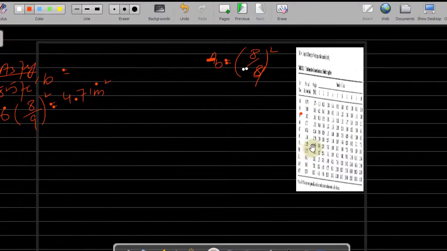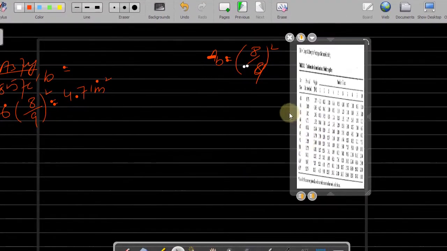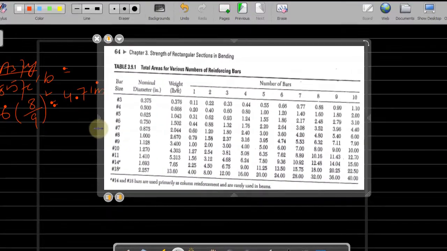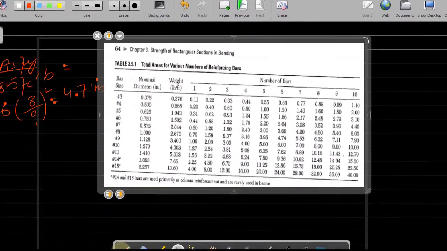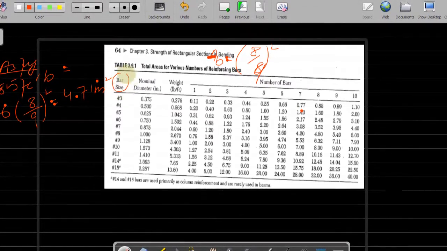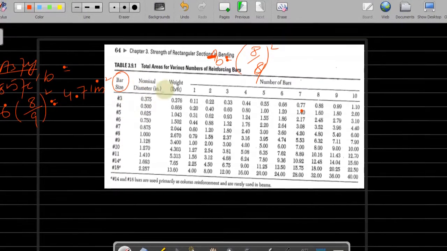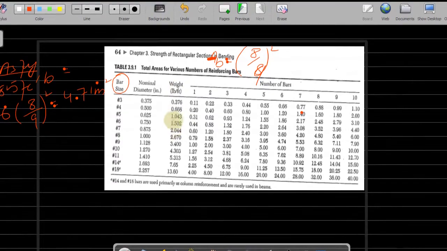This table is also very important. I have to show you how you can pick such data. You see we have bar sizes right here. These are US bars, numbers 3 to number 18. You see the nominal diameter of each bar. You see the weight per foot, pounds per foot, here. And here we have the number of bars.